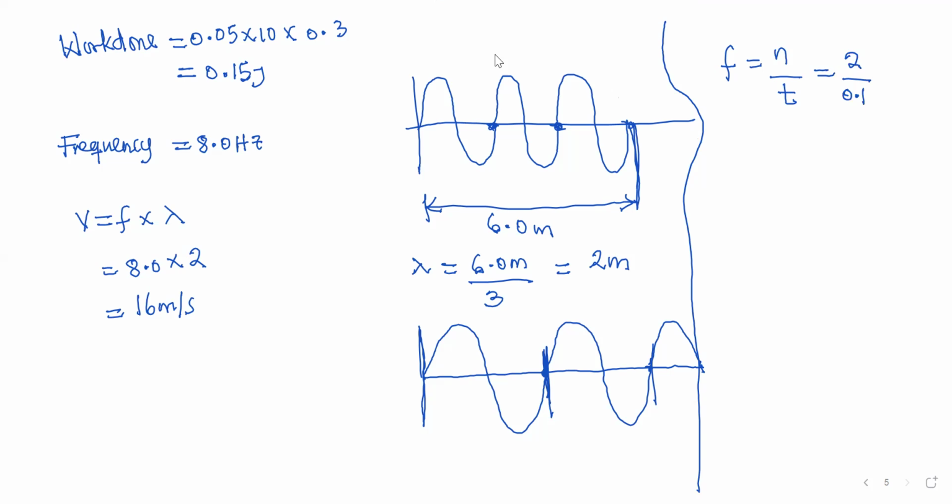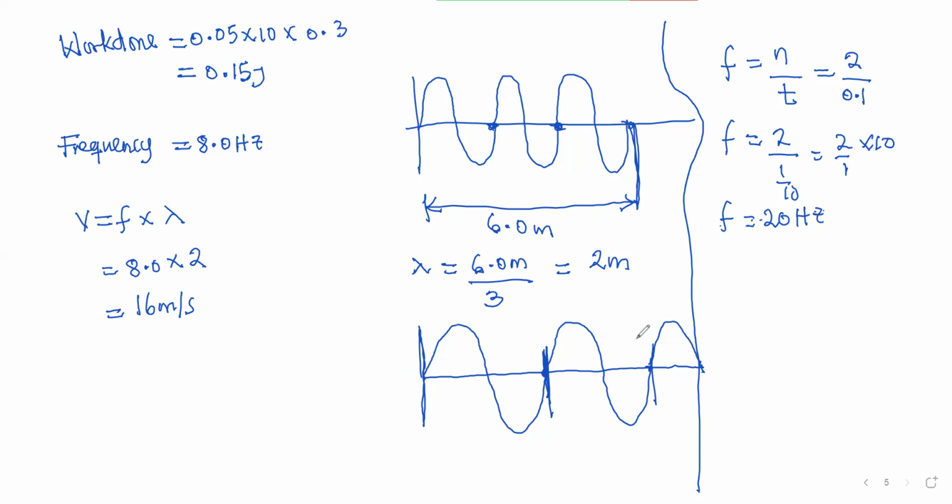So if f is equal to 2 over 0.1, we have 2 divided by 1 on 10, and this is 2 on 1 times 10, 20.